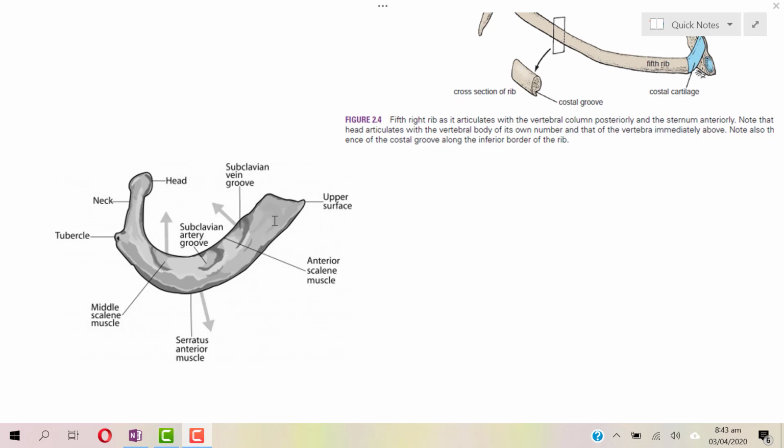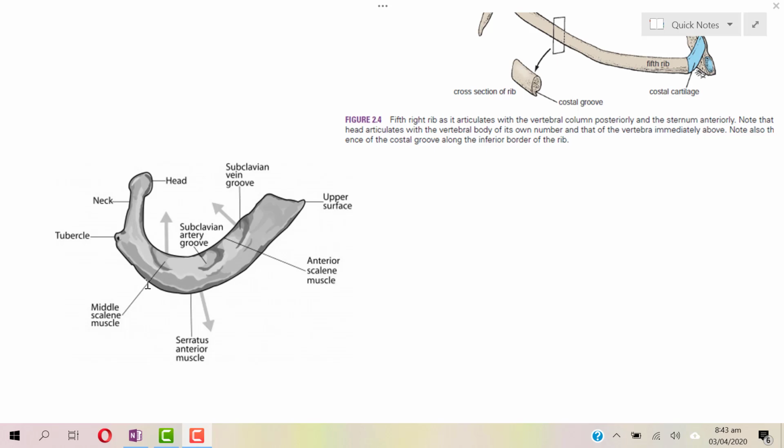So what are the attachments which I have told you? Number one, subclavius muscle, then there is a groove for the subclavian vein, then there is the scalene tubercle having the scalenus anterior muscle, then the subclavian artery groove, then serratus anterior muscle attachment, then scalenus medius muscle attachment.